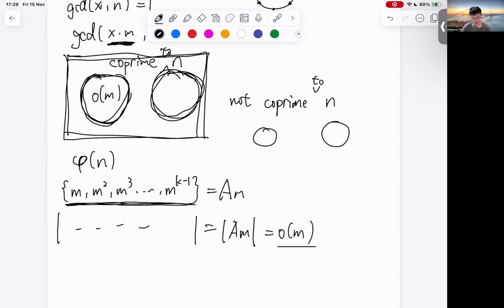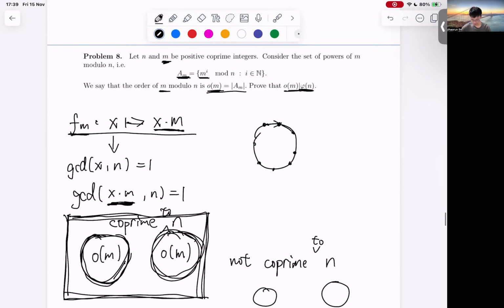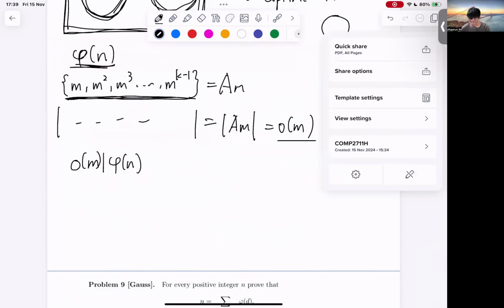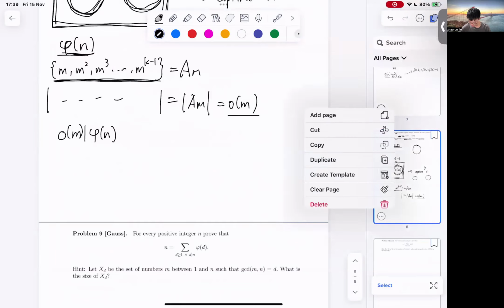And since we have the same length for all of the cycles, they are all of length o_m. And since all of this set contains this many elements, o_m should divide this, right? So this proves problem 8.